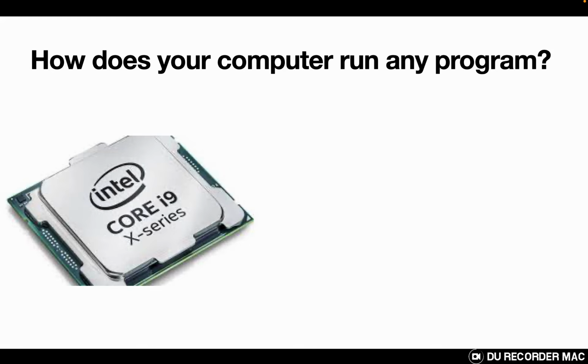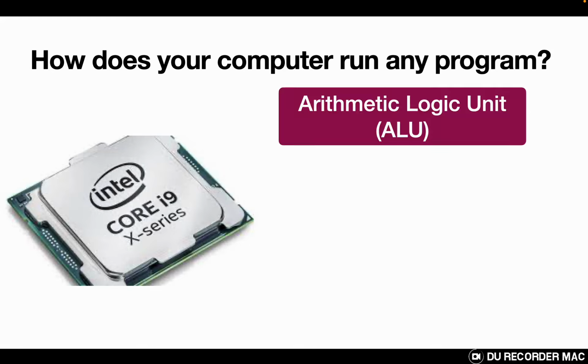So, what are the main components of the CPU? The CPU is constructed from three main components. At first, it's the arithmetic logic unit, or ALU. The ALU is responsible for calculation.